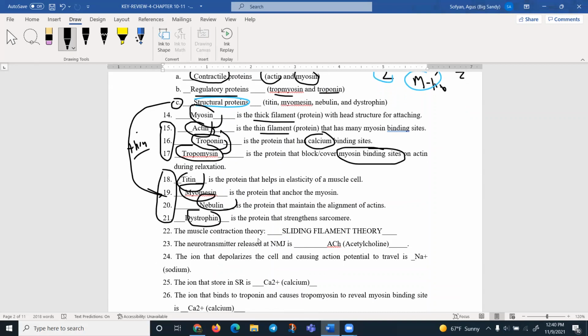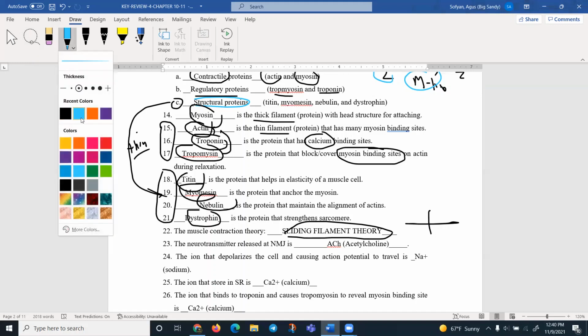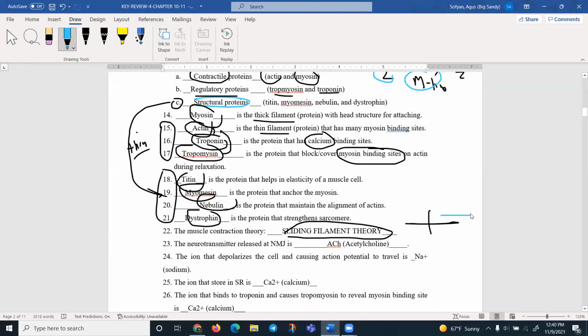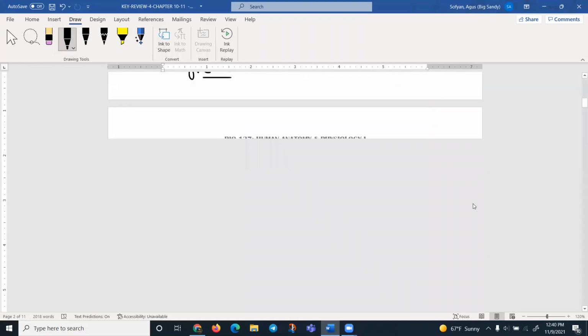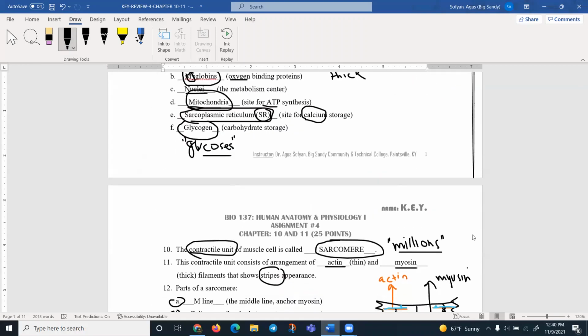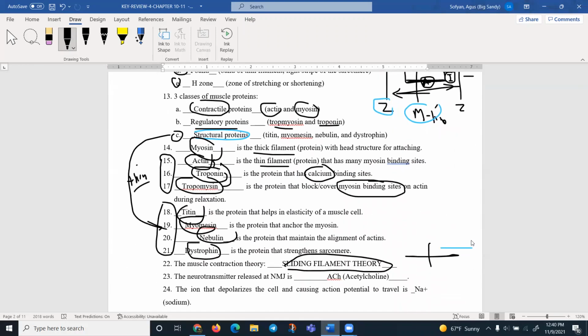The muscle contraction theory is actually sliding filament theory. This is the actin, this is the Z disc, this is the M line, this is the myosin.